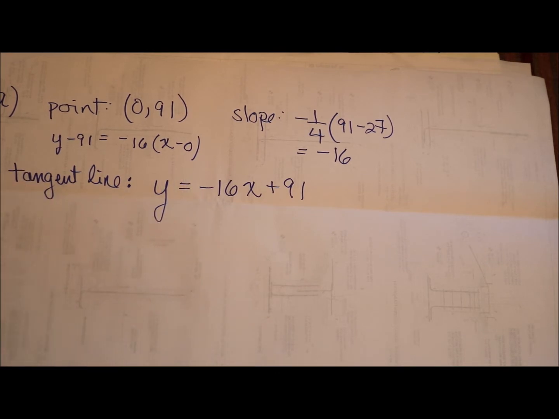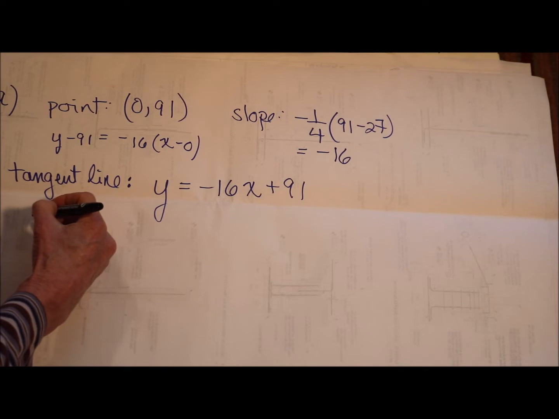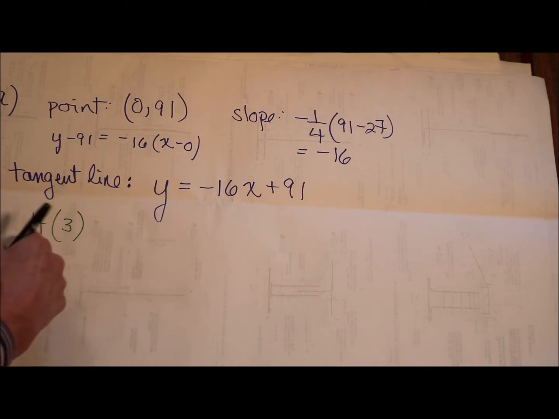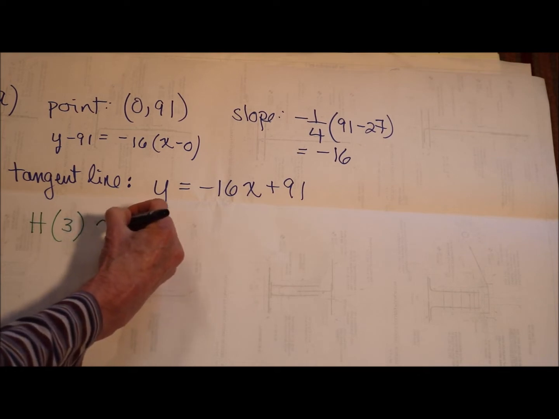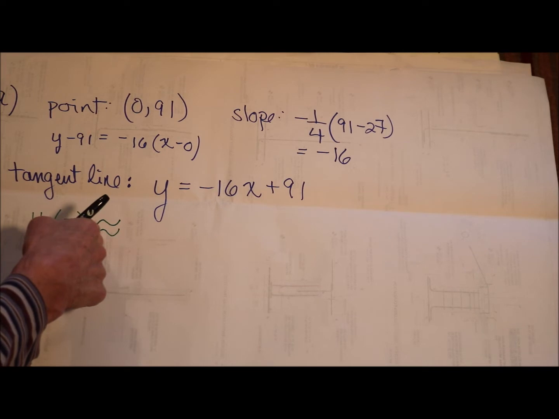The next part of this is they want an approximation for the temperature at time 3. So you can say h of 3, because h of 3 is the temperature. Very important, do not say equals. Use the approximately equal to.